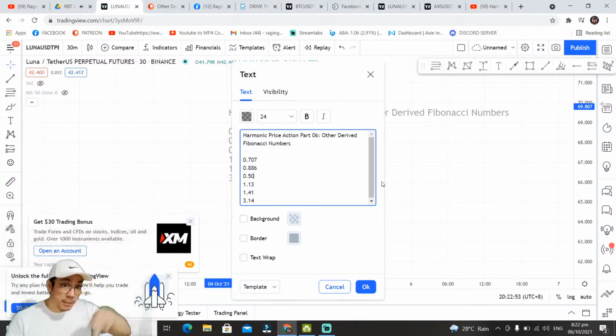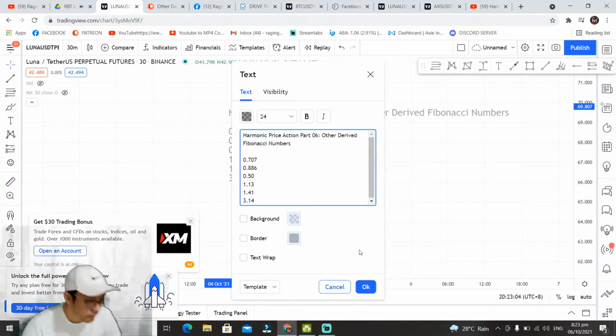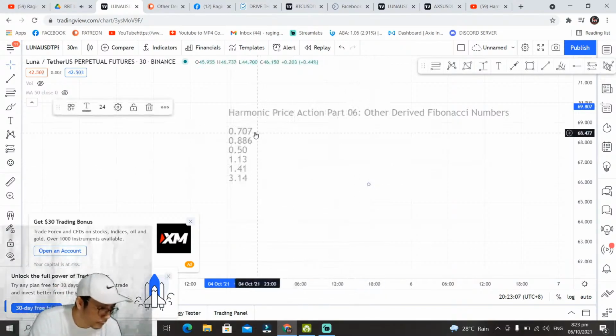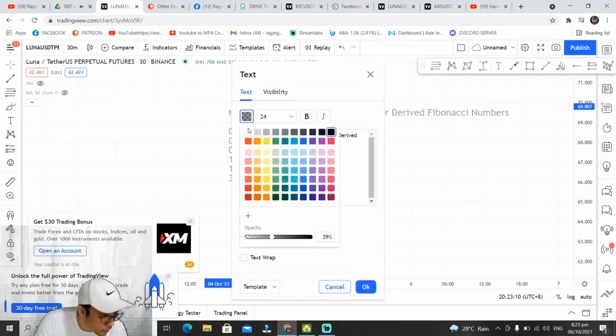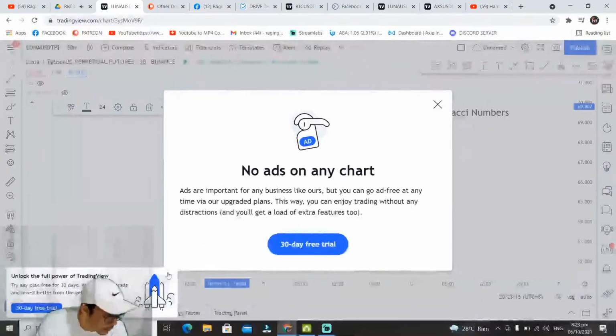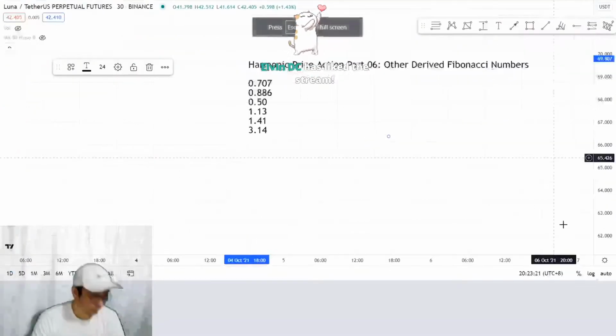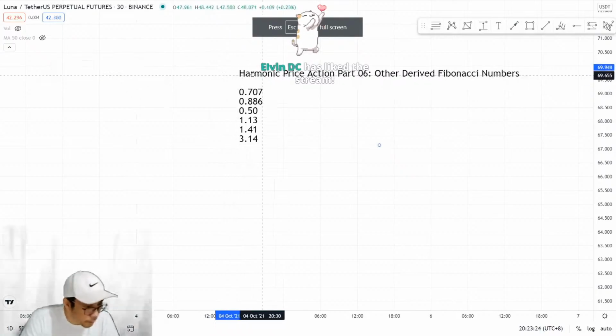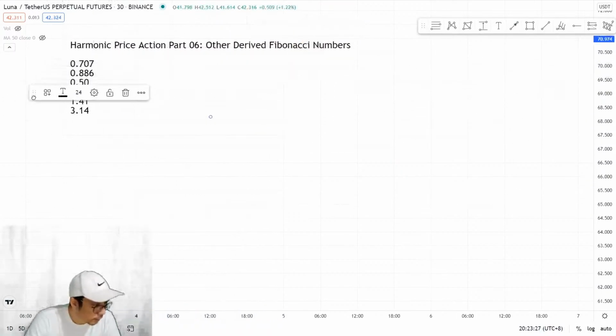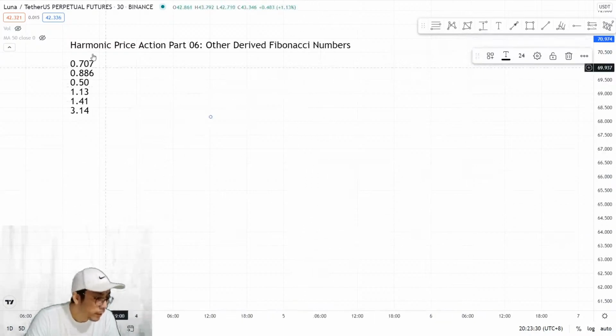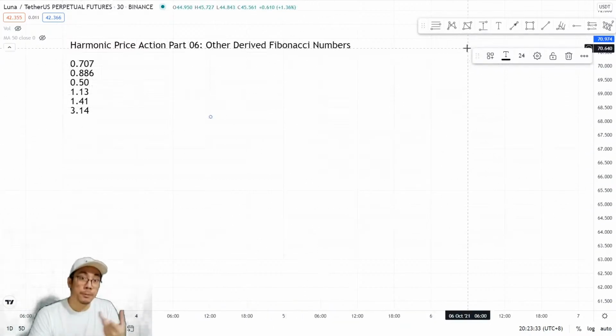So remember our ABCD pattern. In all of those fib levels, whenever you have a pullback, you have a reciprocal equivalent of that one. What do I mean by this? For example, let's proceed with the ABCD pattern.